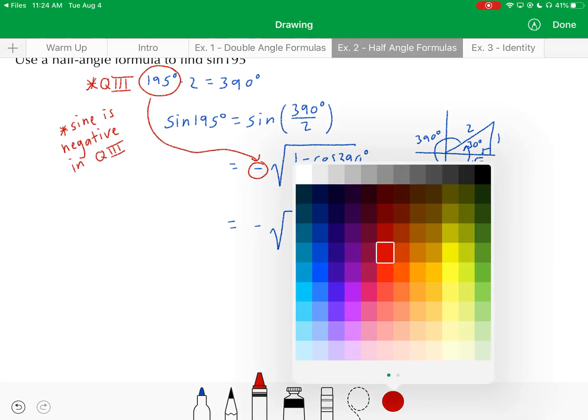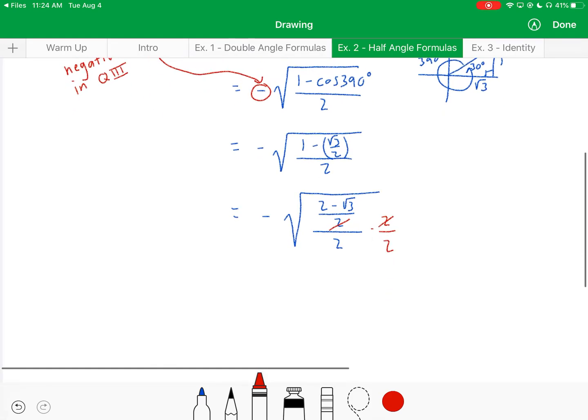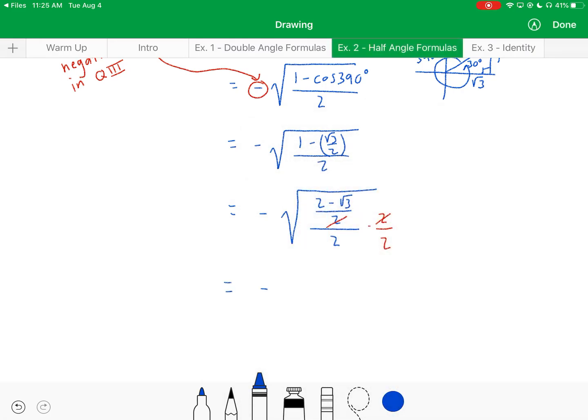So that's going to become the negative square root of (2 minus the square root of 3 over 2) all over 2. Okay. And then I'm going to multiply by 2 over 2 here. That'll get these to wipe out, and I would be left with the negative square root of (2 minus the square root of 3) over 4.